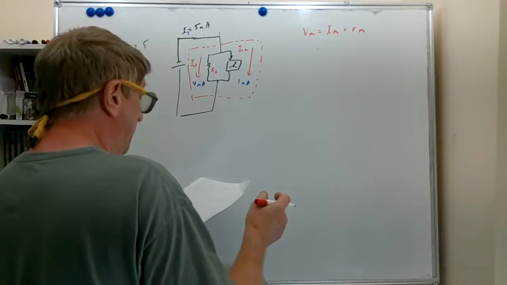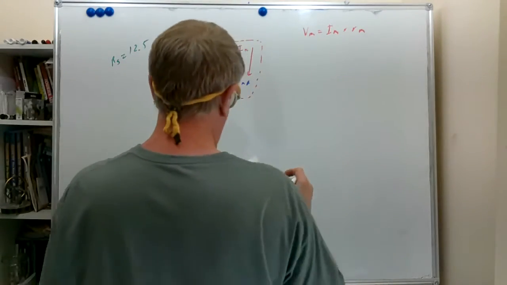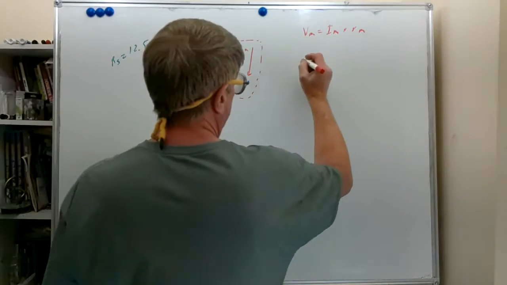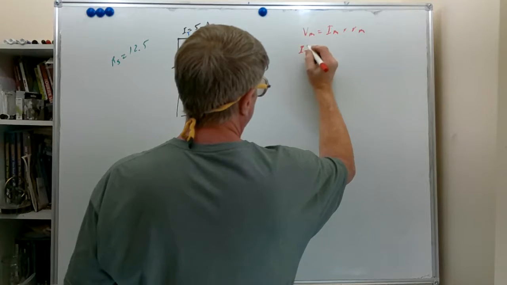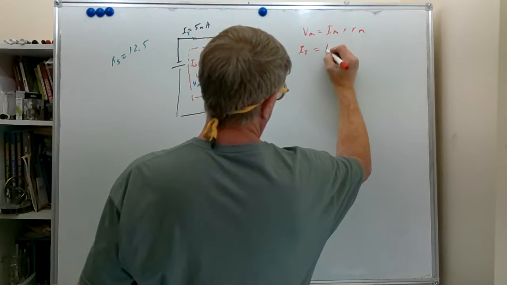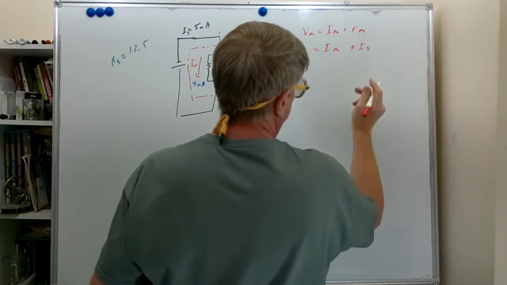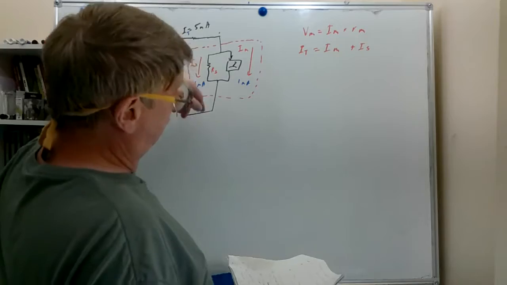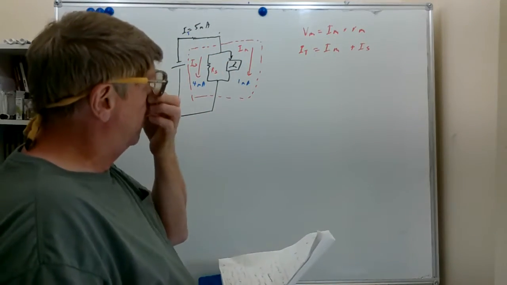Now, we also had to calculate the current through the shunt. And this is our current summation formula. We have IT equals IM plus IS. Let's solve that for IS because we want the current to the shunt.